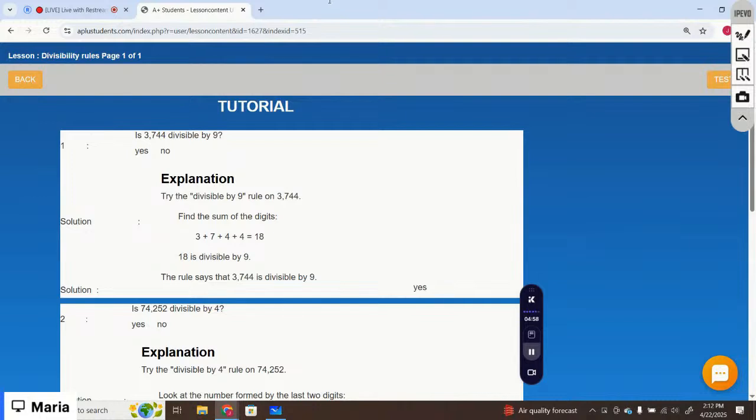The sum of all the digits is 18. Now you need to see if 18 is divisible by 9. Yes, it is. 9 times 2 is 18. So that means 3,744 is divisible by 9. See, you haven't divided it by 9. You just applied a rule, and in a second we know that it is divisible by 9.